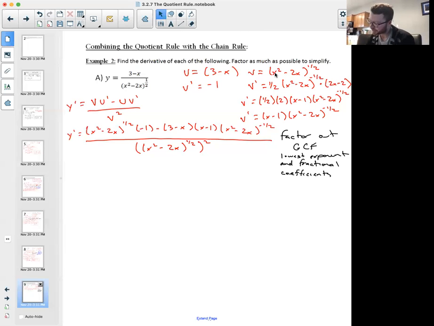Okay. So I see that x squared minus 2x is common in both. And remember we want to take out the lowest exponent as well. And to make our lives a little bit easier, because we have that -1 in there, and we're also subtracting, of course, because the quotient rule, I'm just going to factor out a negative. So I'll just show you. I'm factoring out negative x squared minus 2x to the -1/2.